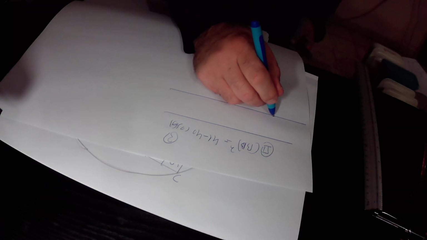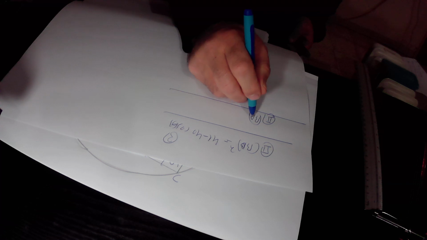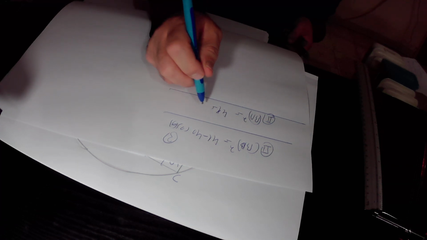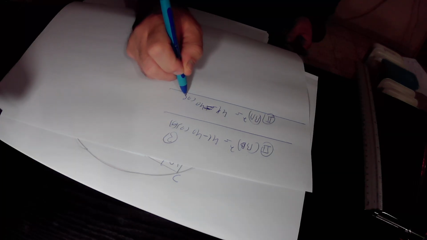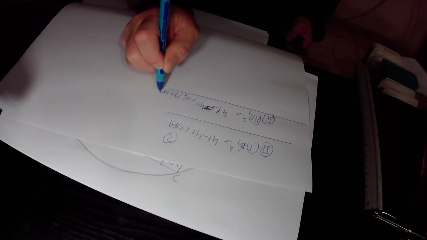So BD squared equals 41 plus minus 40 times cosine alpha, where alpha equals 93.017 degrees.